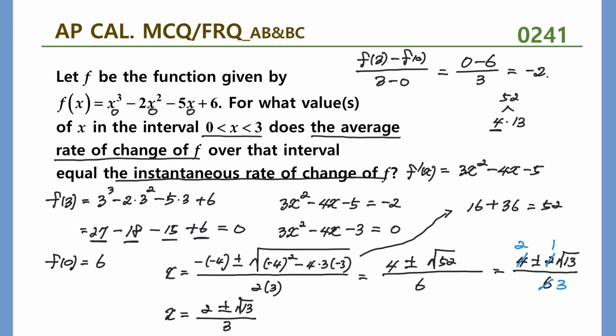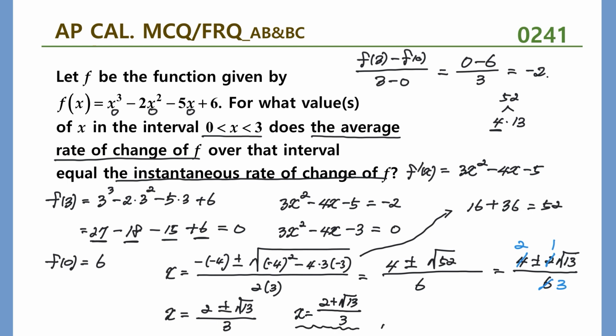So we found two values of x, but our x must be between 0 and 3, right? Because the question is to find the values of x in the interval from here to here. So we have 2 plus root 13 over 3. That's one value of x. Well, this is our answer.